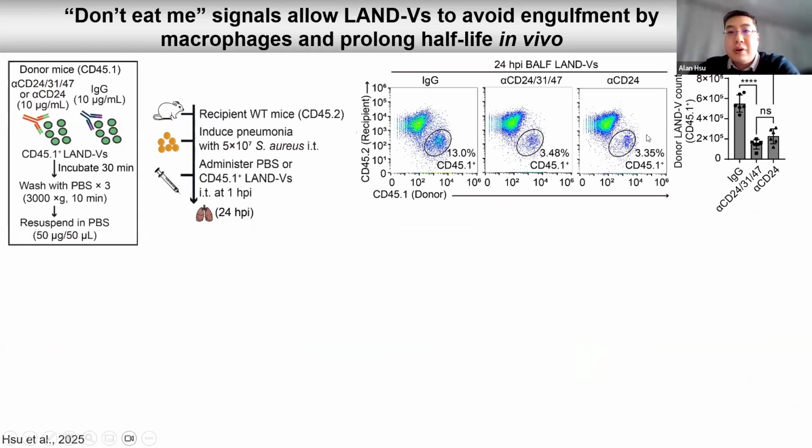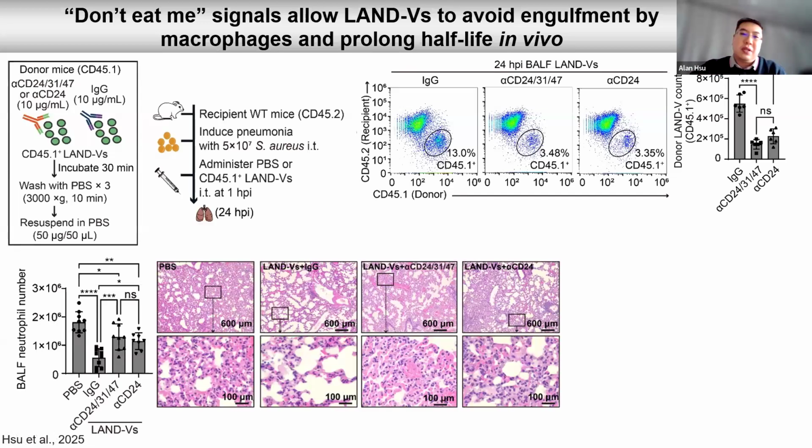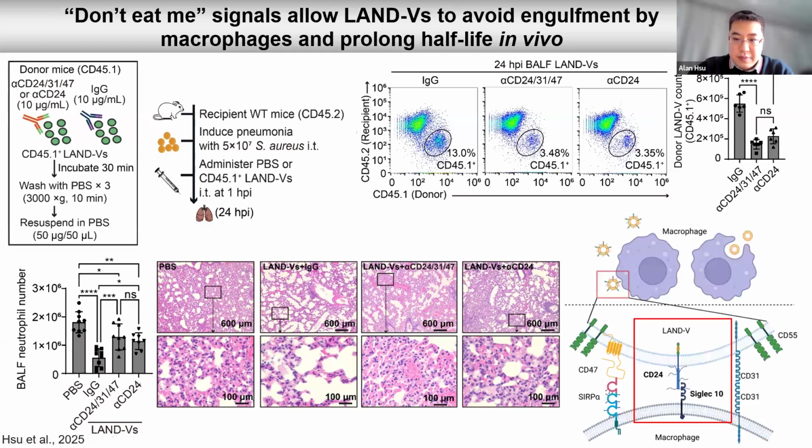And this much lower recovery rate suggests that they're gone, taken up, or destroyed. And this decrease of recovered LAND-Vs also coincided with lower levels of anti-inflammatory effects, suggesting that these don't eat me signals help these LAND-Vs stay there for a longer time.